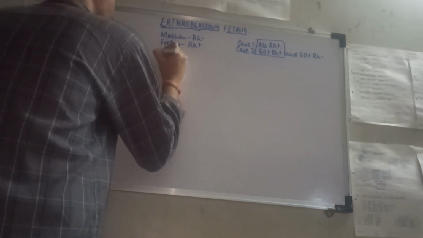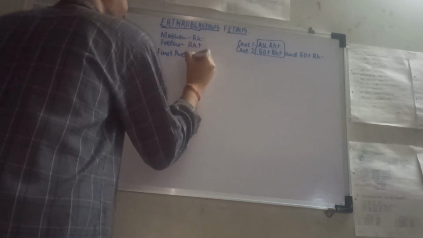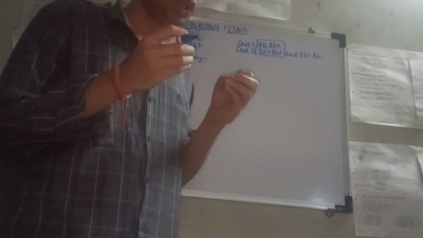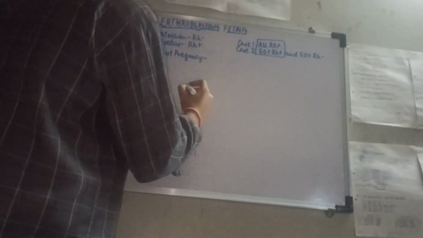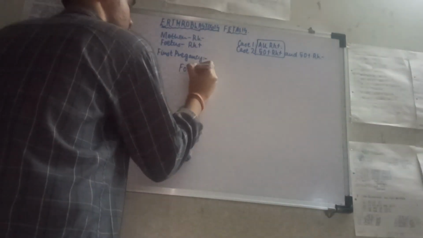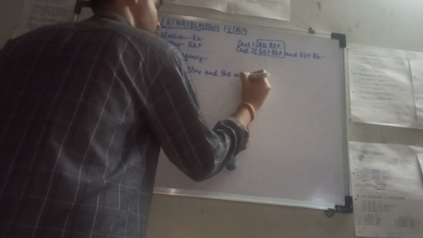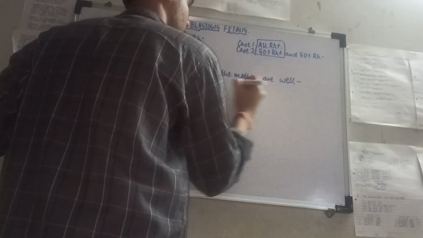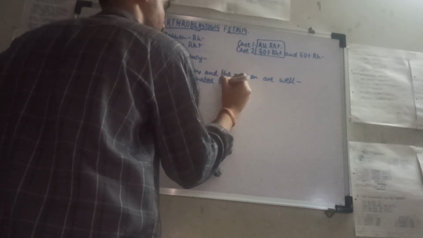So what happens during first pregnancy? During the first pregnancy, the fetus and the mother are well separated by placenta.